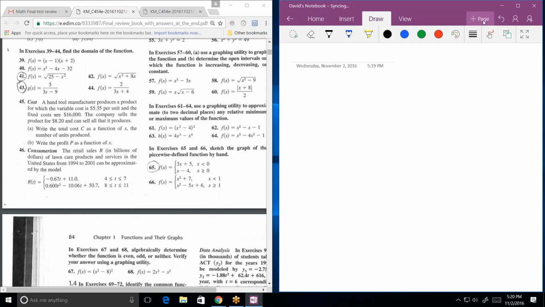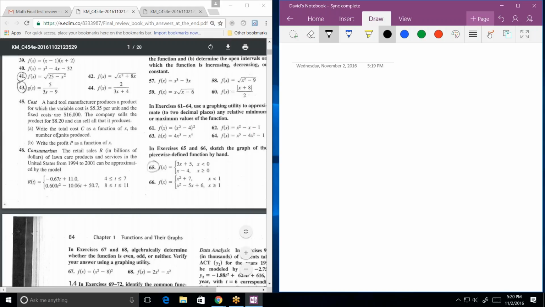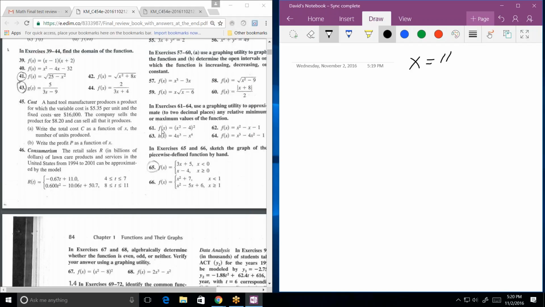Yeah, no, I was just reading the paragraph. Okay. So before you can write an equation, which is what they're asking us to, as a function of x, x is the number of units that are produced. Okay, so let's define that. X is the number of units produced.